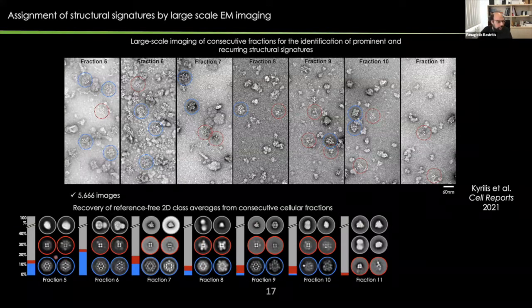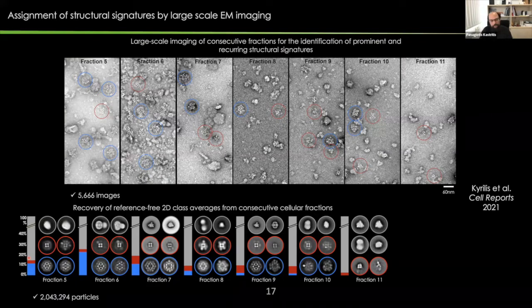But the complexes that we are interested in, with the cubic core and the symmetric core, show particle abundances that resemble what we saw with the activity data, the mass spec data and the immunoblotting data.